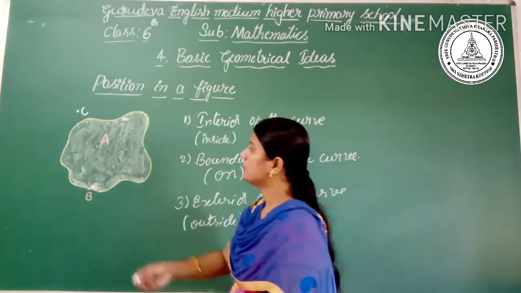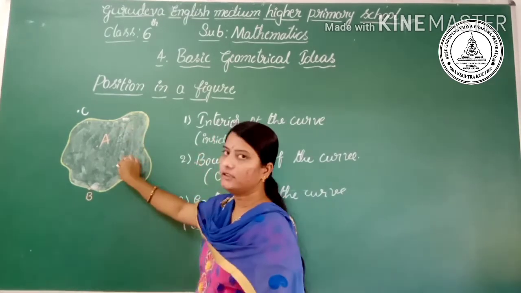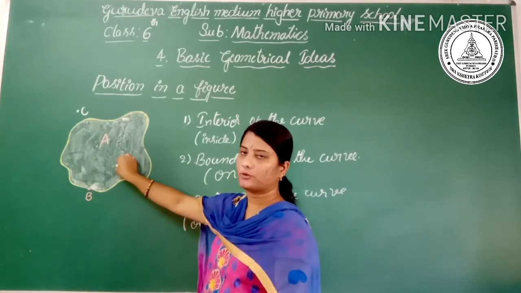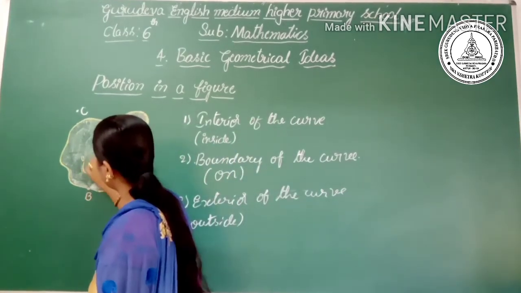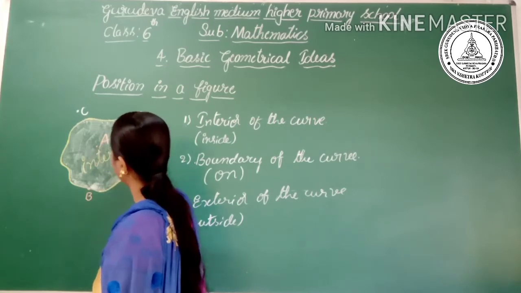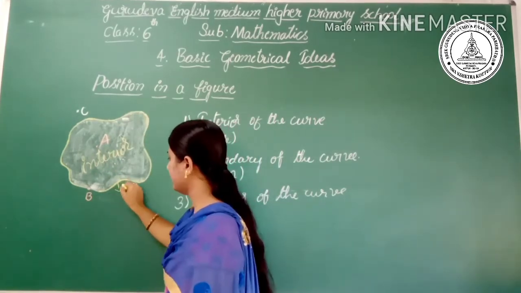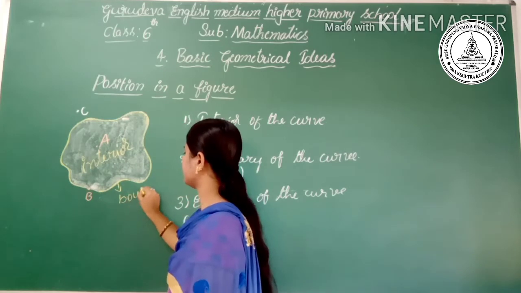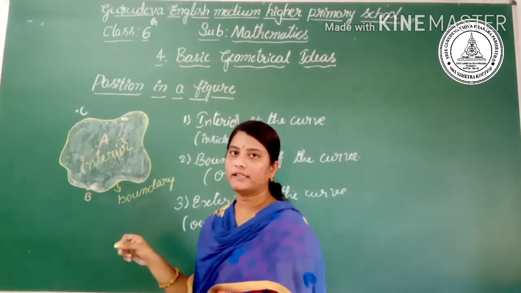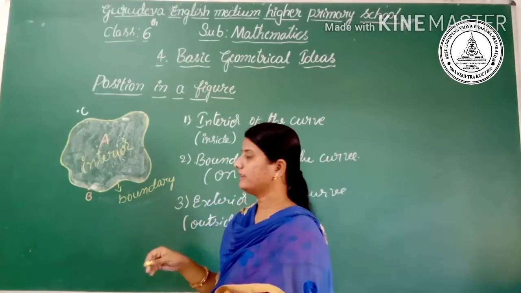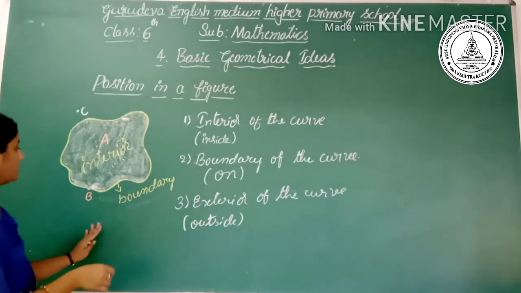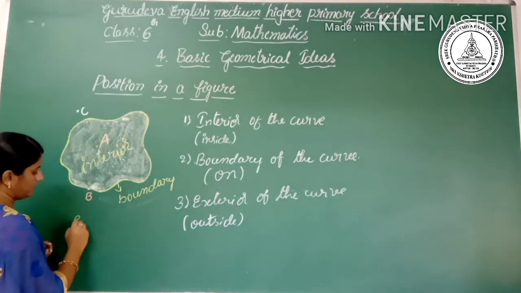What I have shaded here is the interior part of the curve. Here the yellow color is the boundary of the curve, the boundary or outline. And the rest of the portion is the exterior.